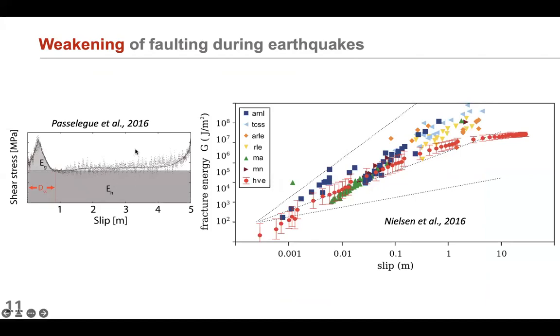And the interesting observation is that using this kind of experiment that correspond here to the red curves, and the other symbols correspond to natural data coming from seismological estimates, you can see that in high velocity friction, when we are melting or thermal weakening along the fault, we also observe this slip dependency of the fracture energy.